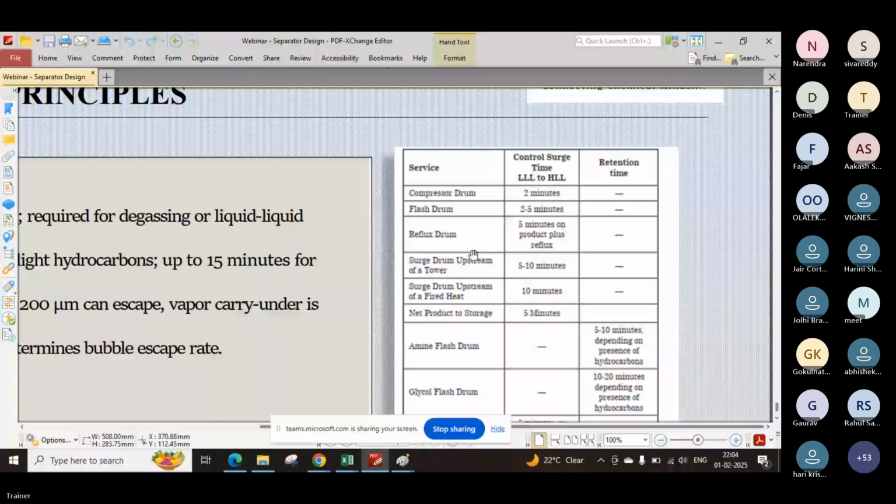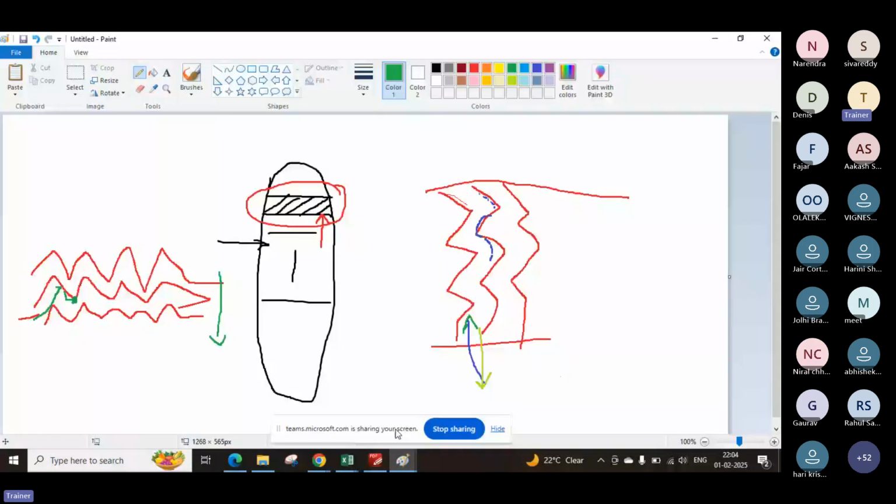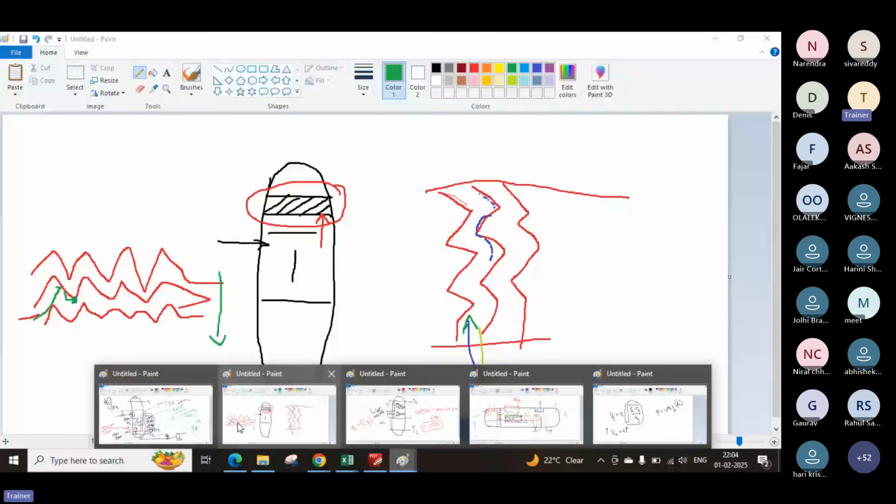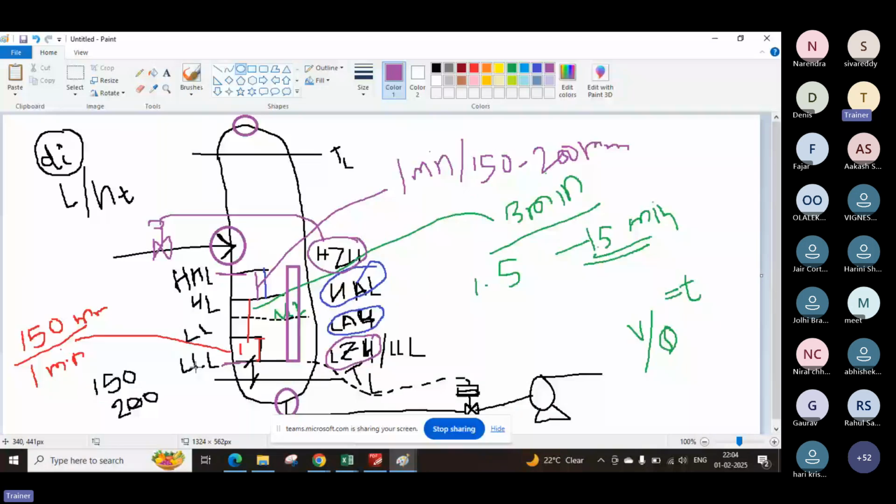Same way, you can use the minimum gap between the level intervals, low liquid level and low liquid level. This low liquid level gives you an alarm. Here you have alarm. So once I define total minutes, let's suppose 10 minutes somehow by thumb rule.